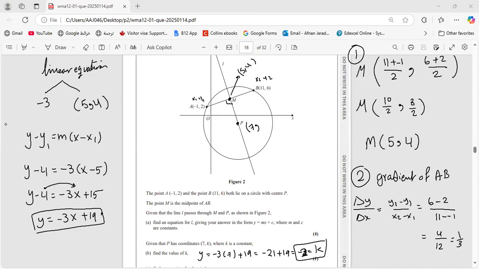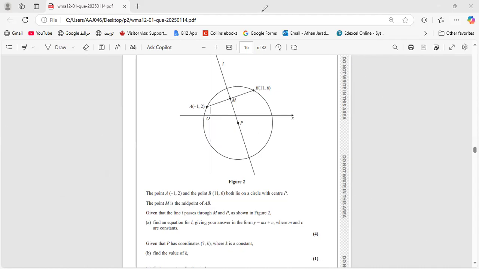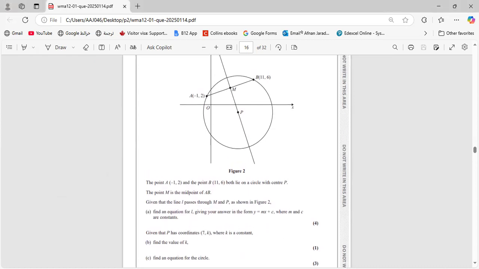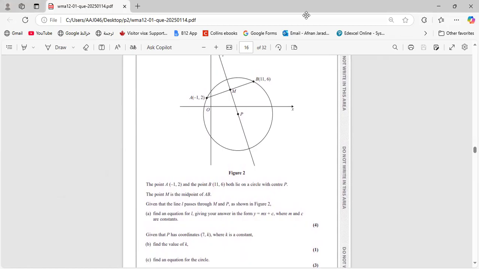Okay, from this one, go to question C. Find the equation of the circle.